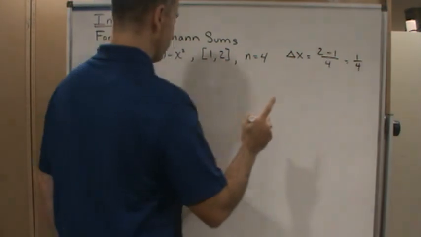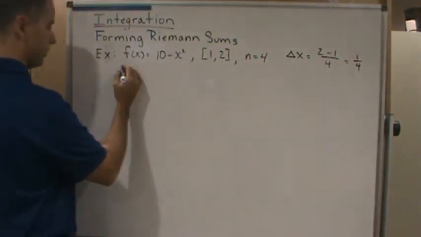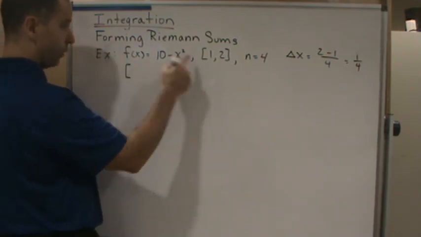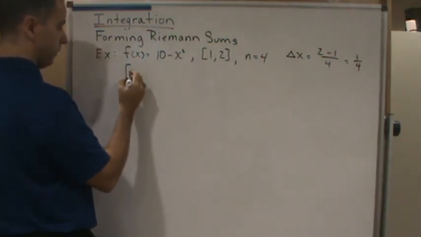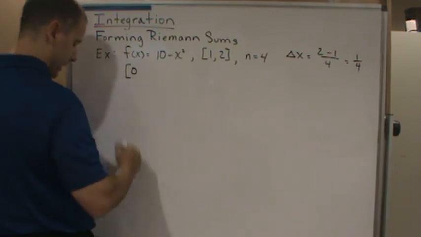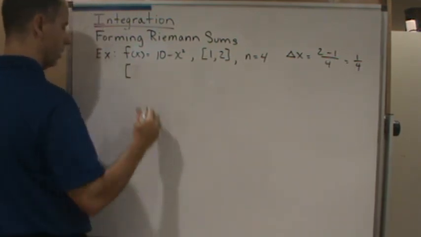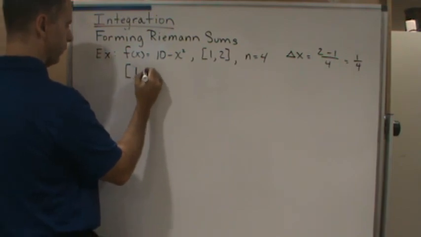Now, let's do it this way. So our subintervals are going to be what? We're going to start at 1, and we're going to go up by 1/4. So, not 0. So we're going to start at 1, and we're going to go to 1 and 1/4.